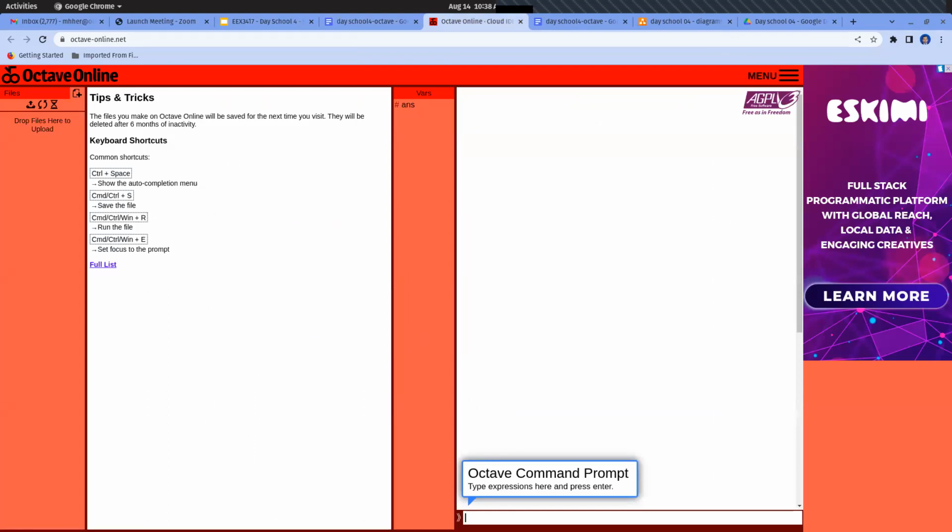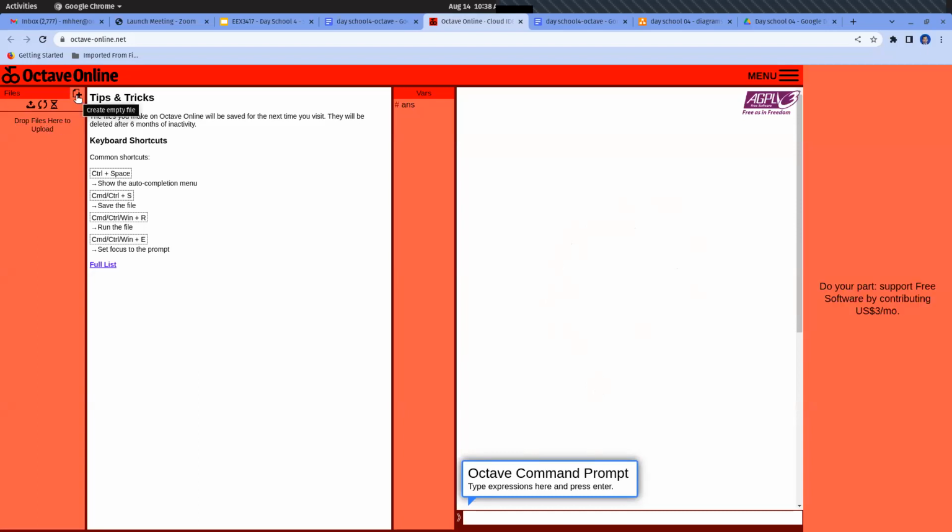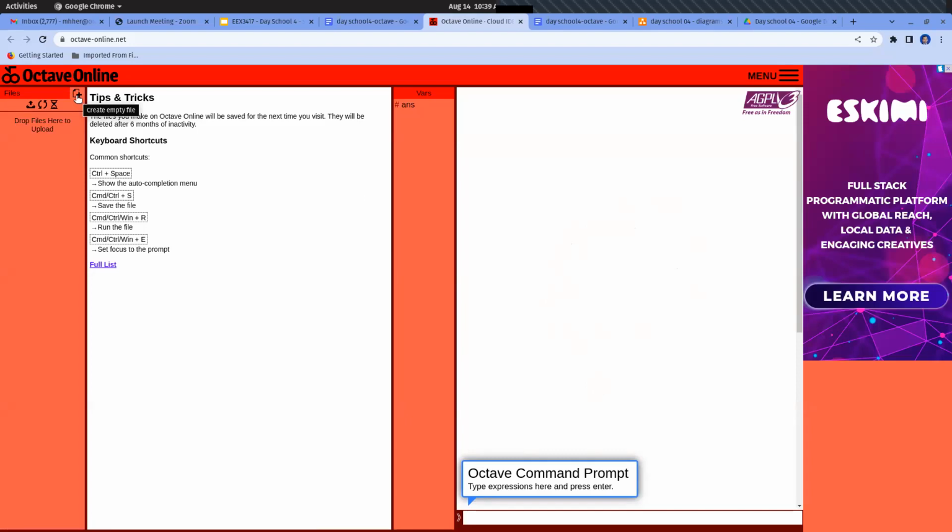This is the command prompt, and this is the command history. Using this, you can open separate files to type several commands and run all the commands at once. I will explain using the command prompt first.